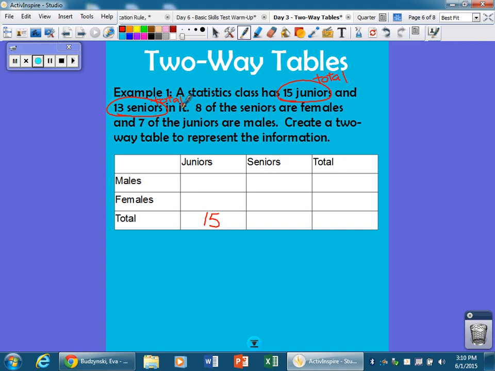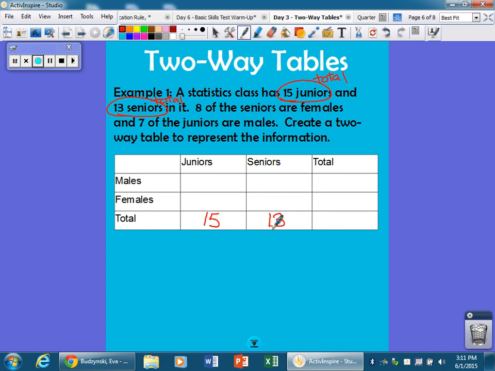That's my total number of seniors. My total for seniors is going to be 13. Okay, seniors total is right here. My seniors is a column, so my total for that column is at the bottom there.